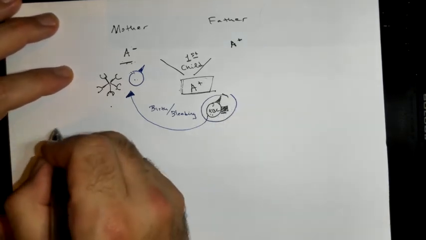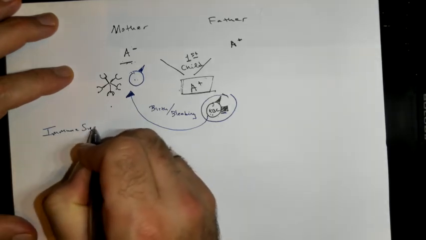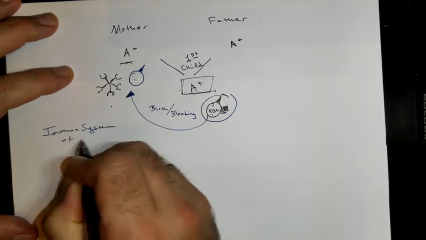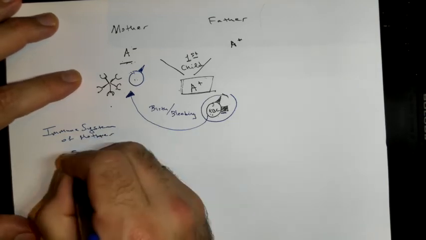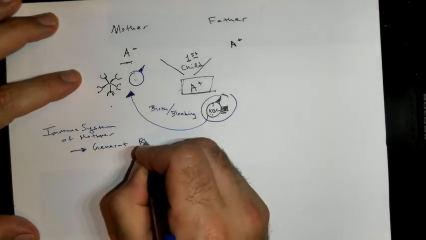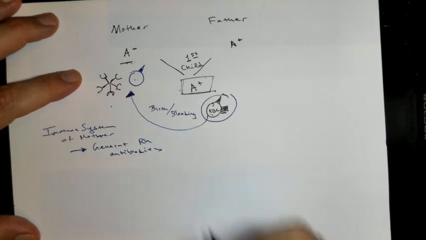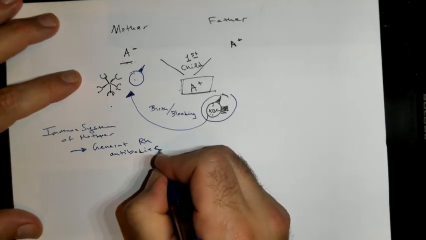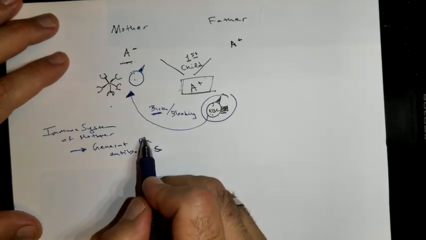So the immune system of the mother will react and will generate Rh antibodies. Right? During the birthing process, during labor.